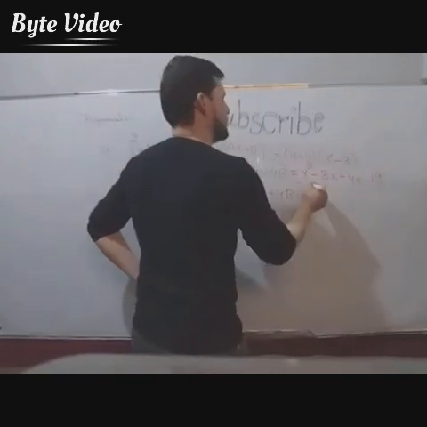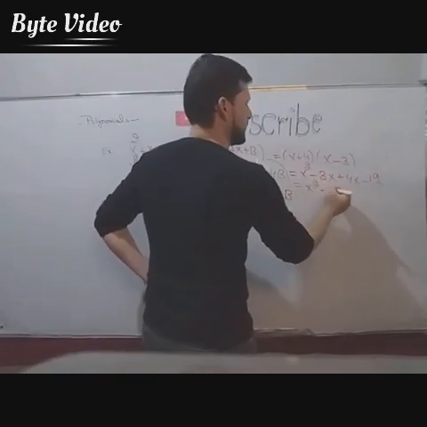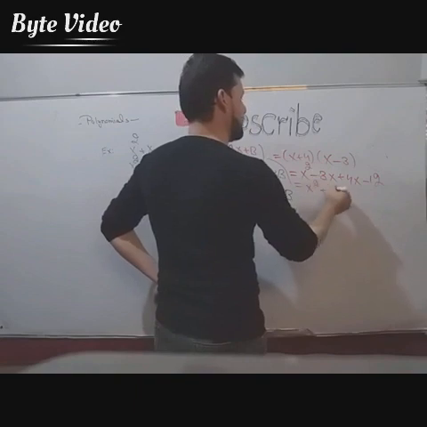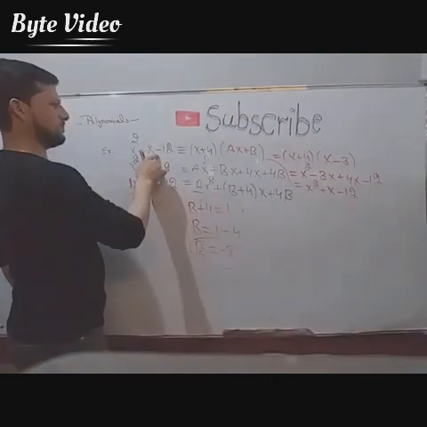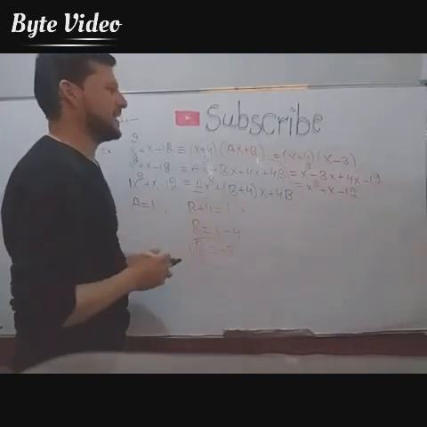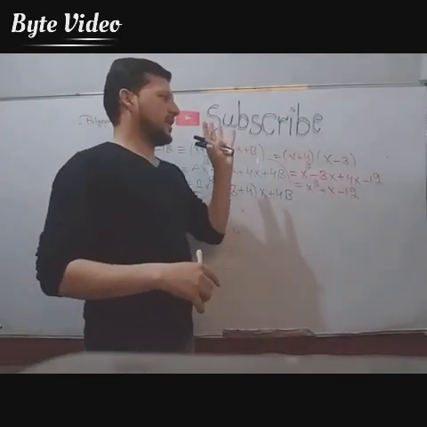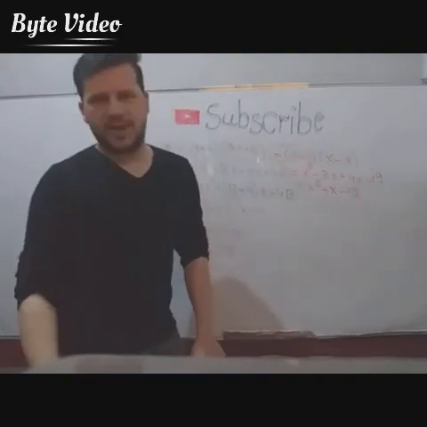So it will be equal to x squared plus 4x minus 3x, which is 1x, minus 12. Is it the same as before? Yes, it is.